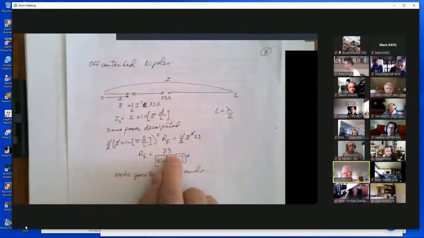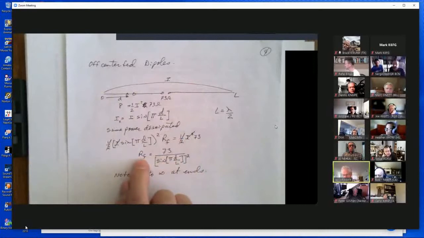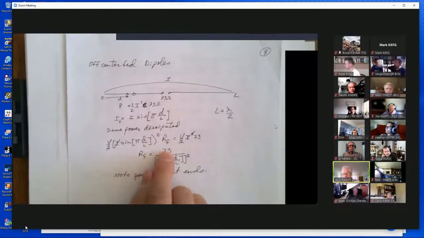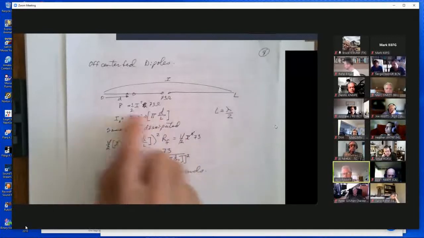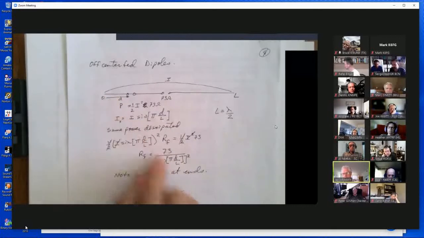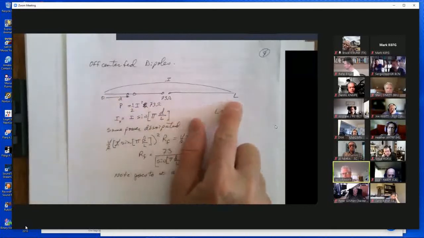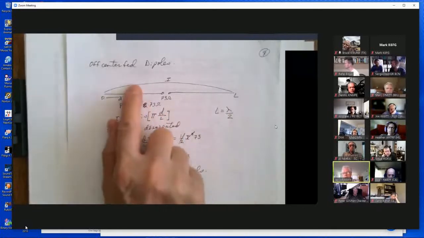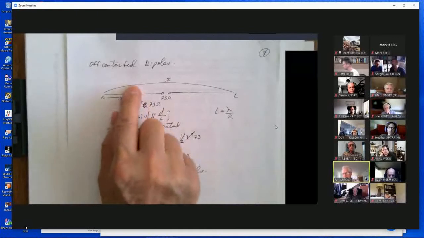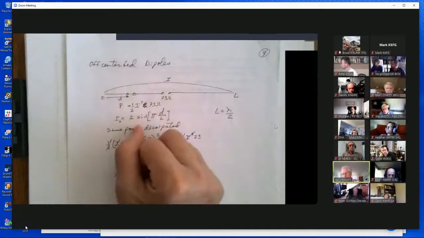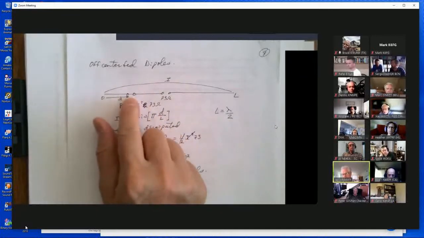And so you can figure out that your radiation or feed impedance is basically this rough equation here, which is 73 ohms divided by the sine of pi times this distance from the end divided by the total length, okay? And if you put this at about the half current point, you end up with about 292 ohms, which is very close to 300, and you could feed it here.